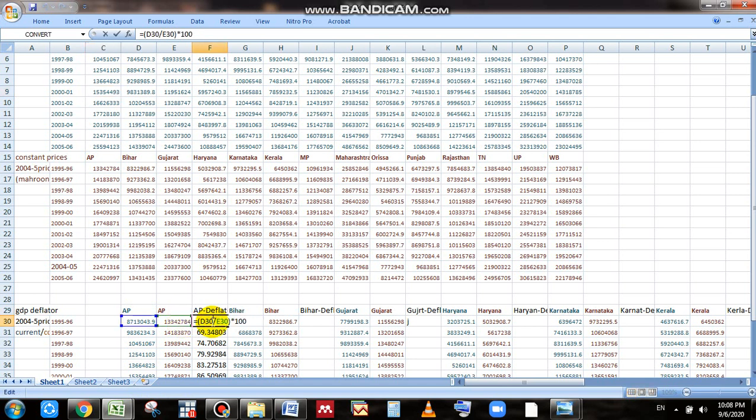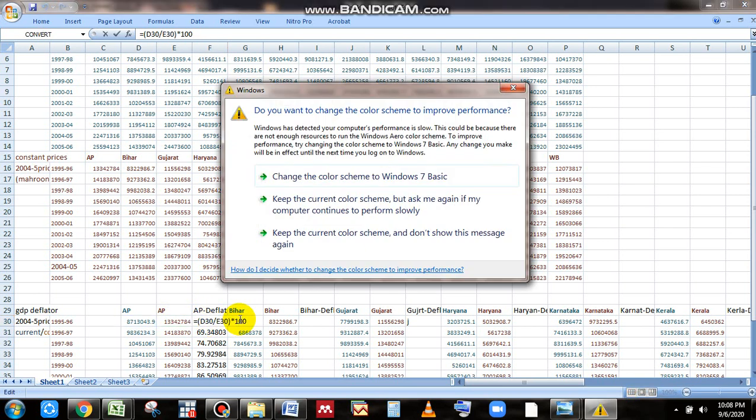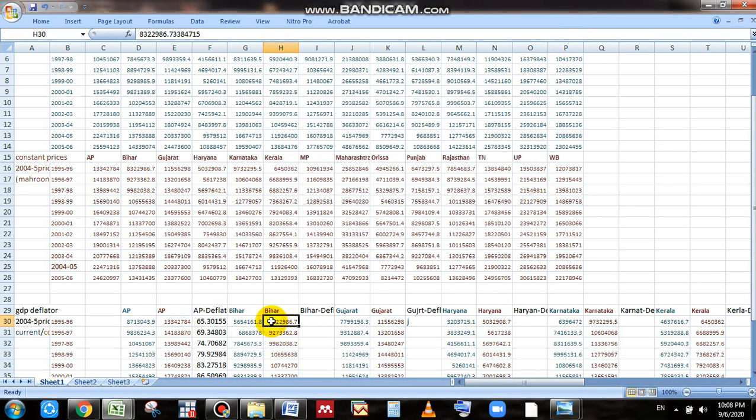Here I have already calculated. Type equal to, bracket open, select the GDP at current prices divided by the GDP at constant prices, bracket close, star into 100, then drag, do the same as I have done. Similarly in case of Bihar, this is the Bihar value at current prices, and these are the Bihar values at constant prices.